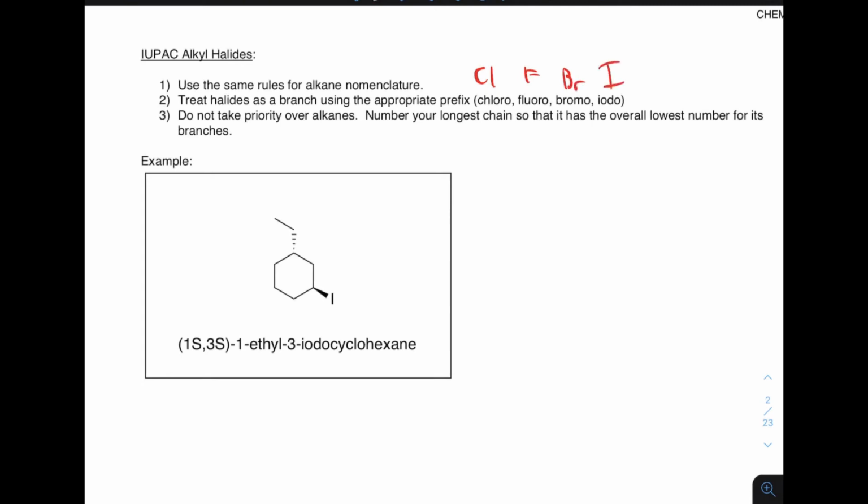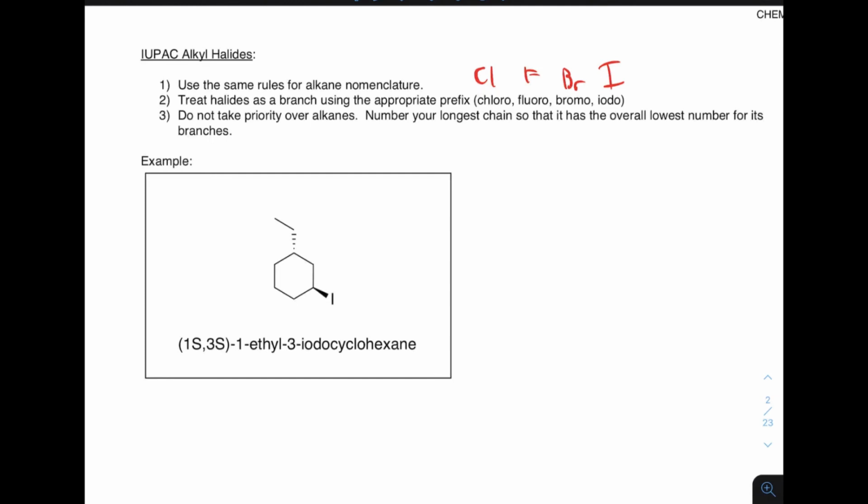And there's no priority over alkanes in terms of numbering or placement in the IUPAC name. Instead, we still want to number the longest chain so it has the lowest overall numbers for its branches, and alphabetically we want to make sure things make sense too.